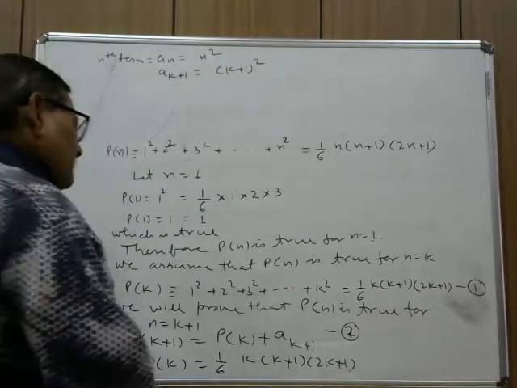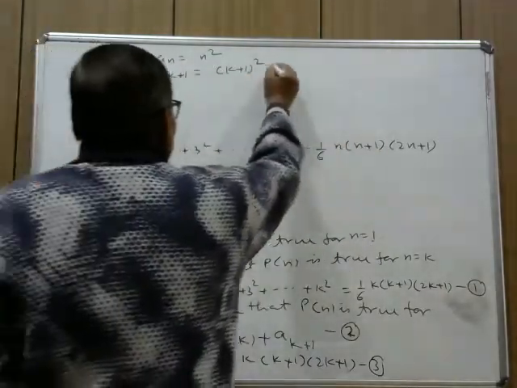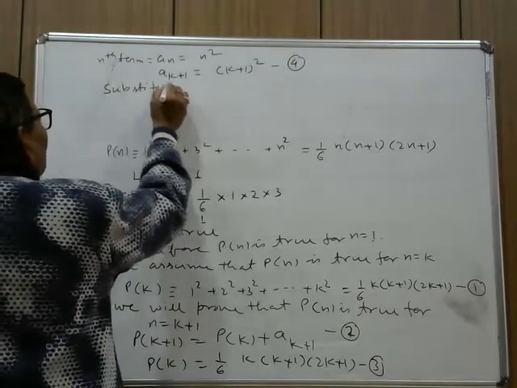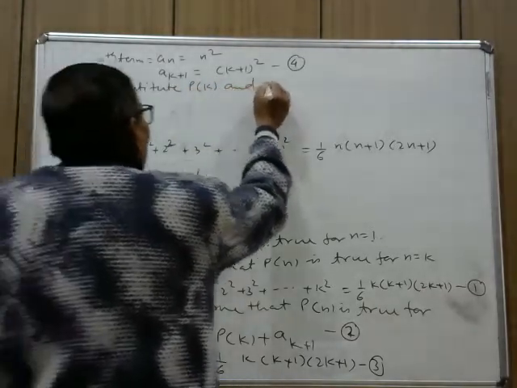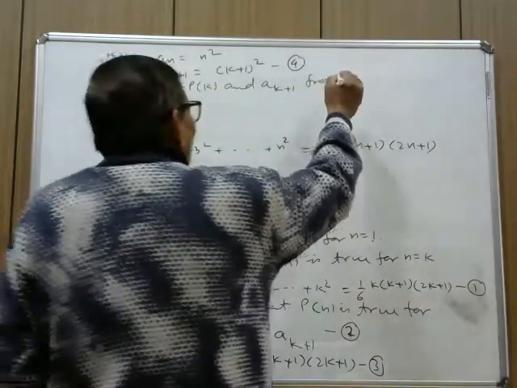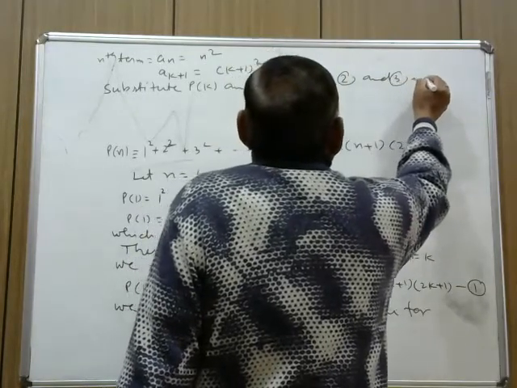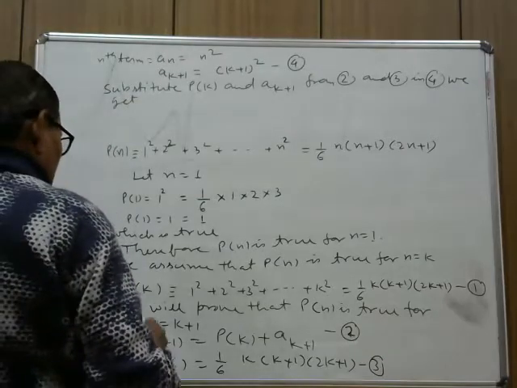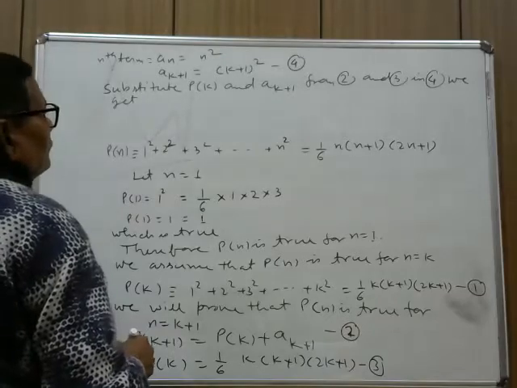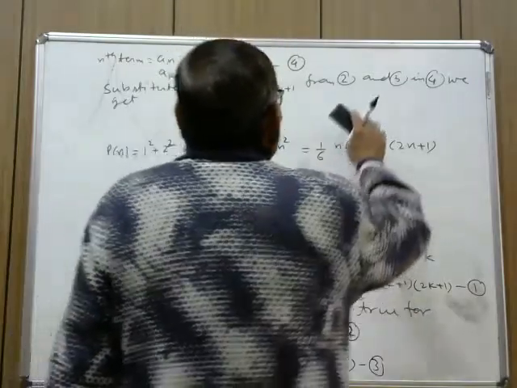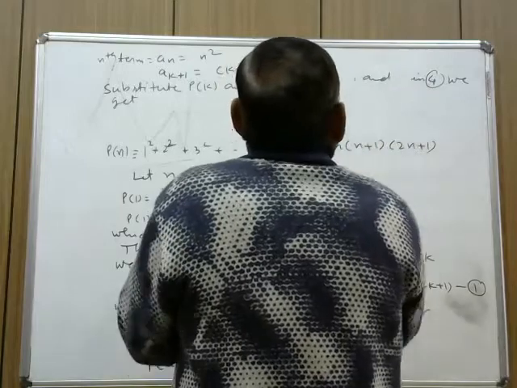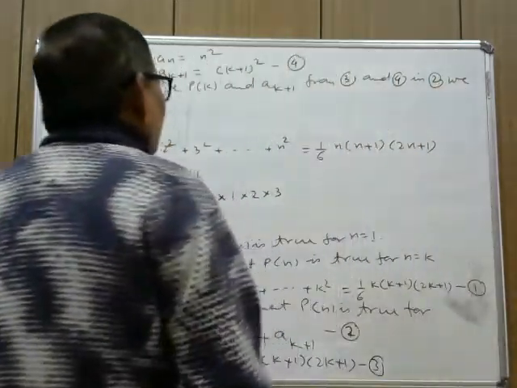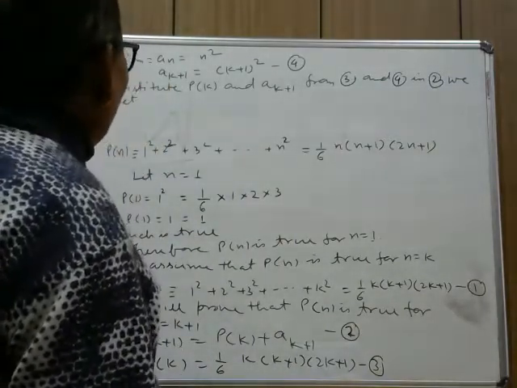Now you have Pk, means sum of k terms, and the (k+1)th term. Substitute Pk and a(k+1) from 3 and 4 in 2, because Pk is given in 3 and a(k+1) is given in 4.